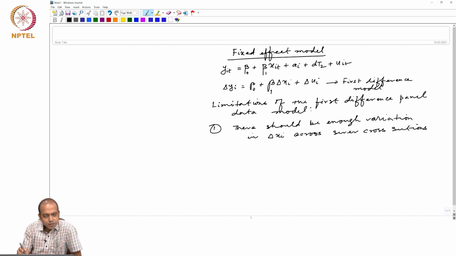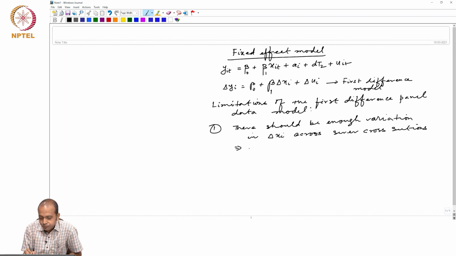This is the primary requirement. Whenever we include a variable as an explanatory variable in the model, the prerequisite is that there should be enough variation in that explanatory variable. Since here delta xi is the explanatory variable, there should be enough variation in delta xi.